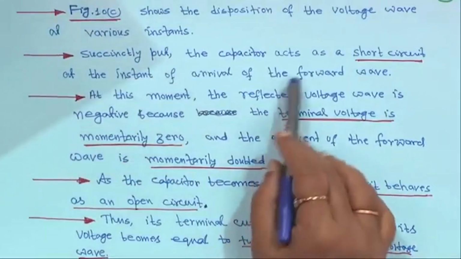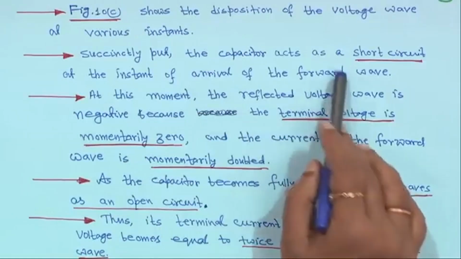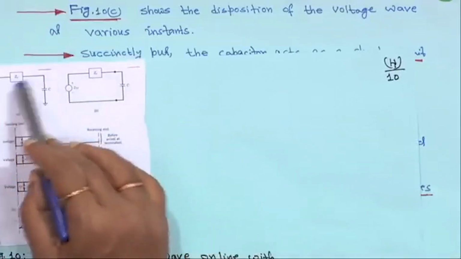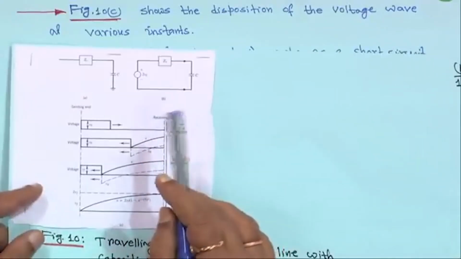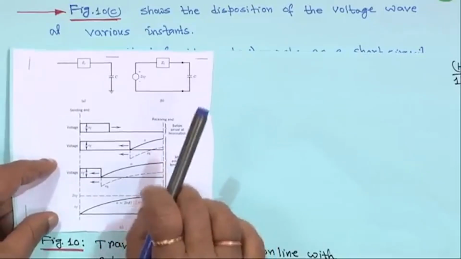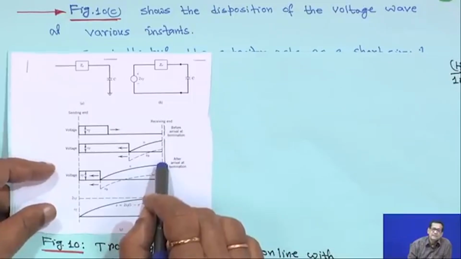Logically, the capacitor acts as a short circuit at the instant of arrival of the forward wave. That means, while we are discussing travelling waves, where so many shunt capacitors are there, the capacitor will instantly be short circuited, and the inductor will be open circuited.